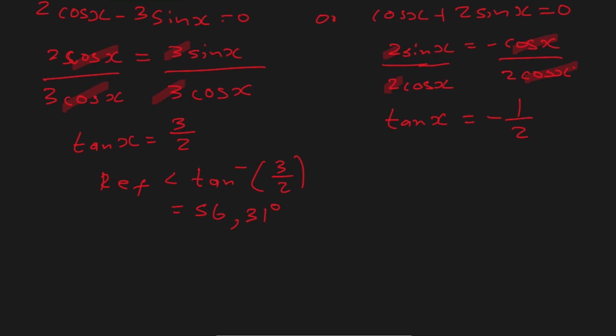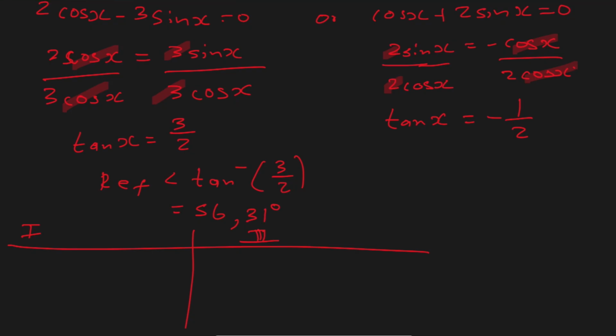And then now what do we have to do? We have to look at the quadrants where the solution lies. So now tangent, it is positive where? It is positive on the first quadrant and on the third quadrant. That is where our solution is going to lie. So now on the first quadrant, what do we have?